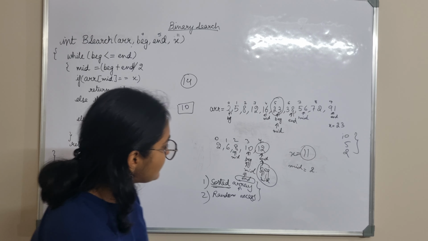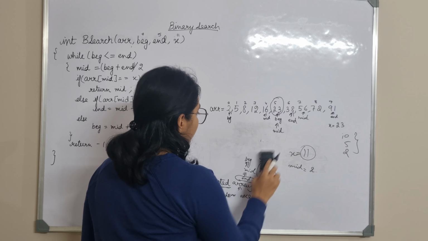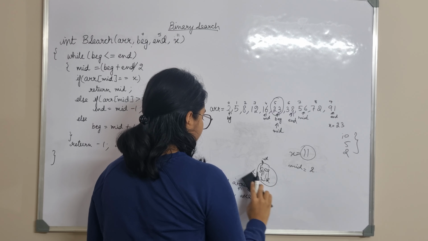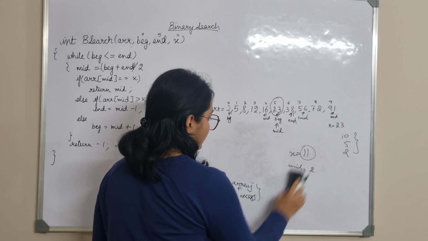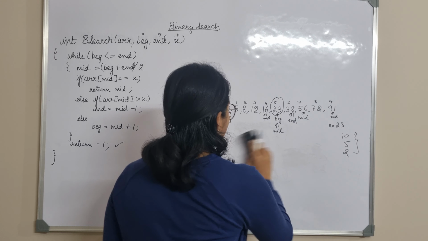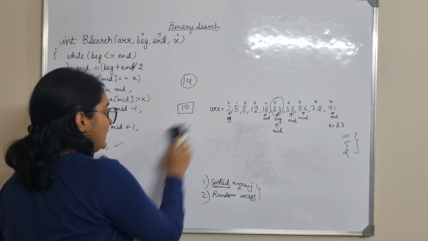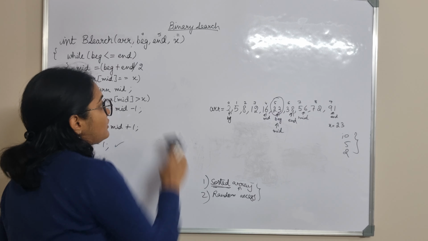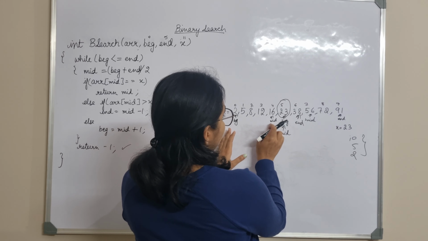So this is how binary search works. If you look carefully, this is what I told you. What it does is compare the particular value to the middle element. Initially, this was the mid, right?